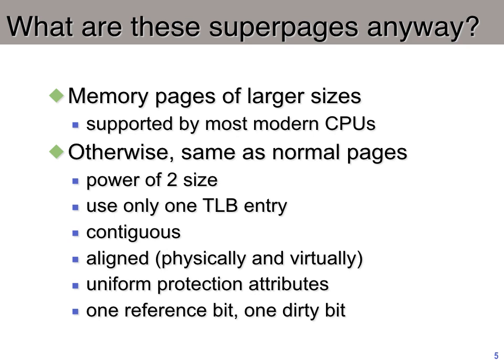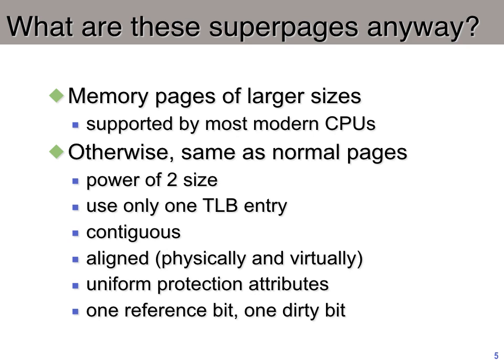To be more precise, what are these superpages? Again, superpages are referred to by different names over time. They are also called large pages or huge pages in different contexts. Superpages, as the name suggests, are pages bigger than the normal page size or the base page size. You cannot just arbitrarily pick a page size. These are architecture dependent, specified by architecture designers.